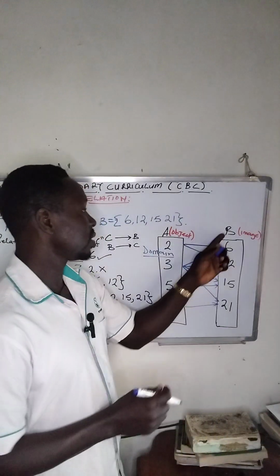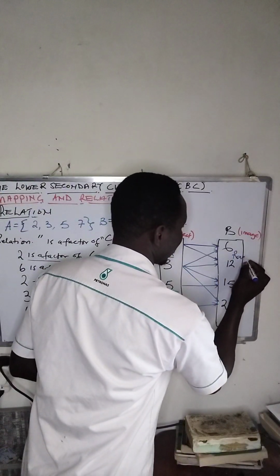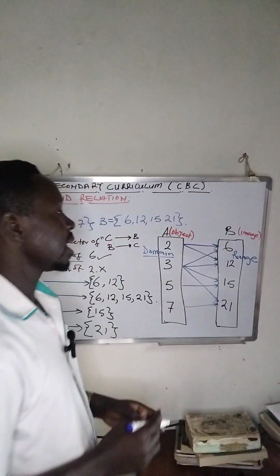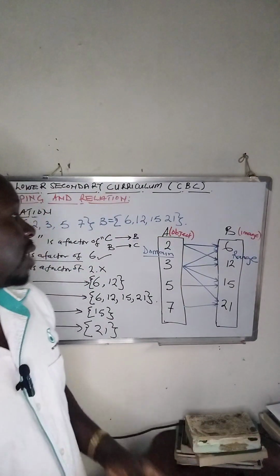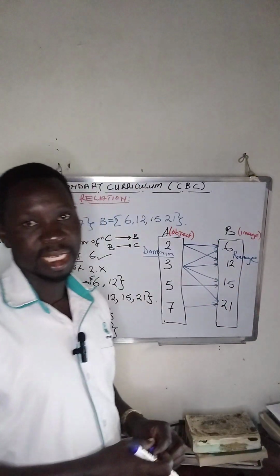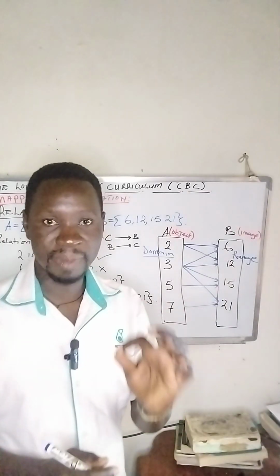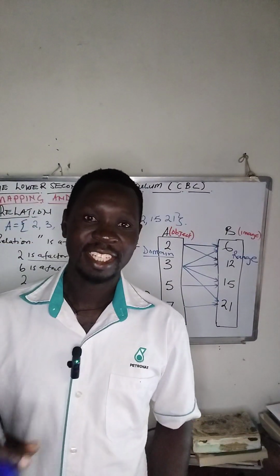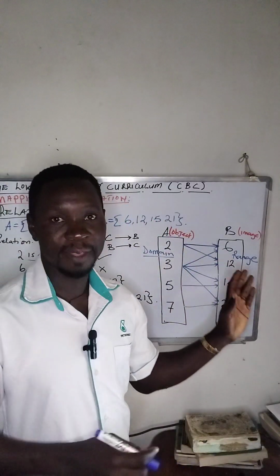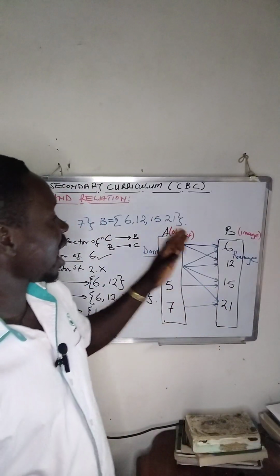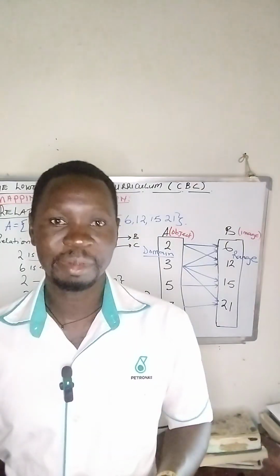Then, the image is known as the range. In most cases, they will say, given the domain, determine the relationship between the domain and the range. This is the way a domain is mapped onto the range, or the other part of the image altogether.